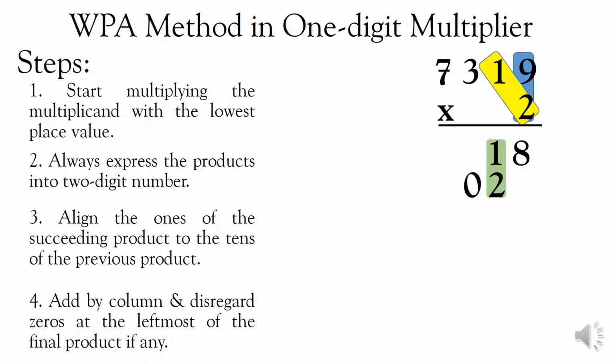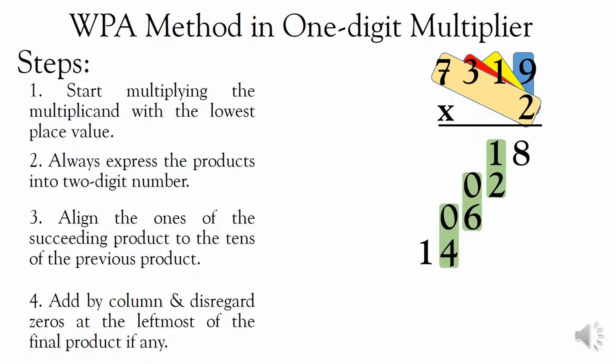Next digit to be multiplied by 2 is 3, which gives us 06, aligning 6 to 0. The last digit to be multiplied by 2 is 7, which gives us 14, aligning 4 to 0.